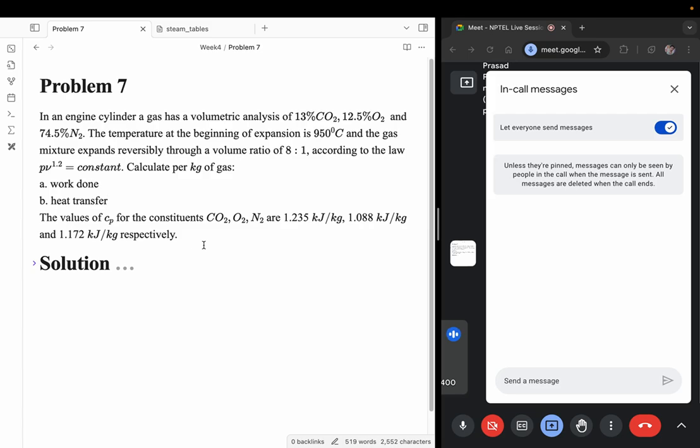Okay, how do you start with this? It's again straightforward in this particular problem. You already know PV^n equal to constant, so it is a polytropic process. So what's the work done in a polytropic process? We use the equation for the work done in a polytropic process.